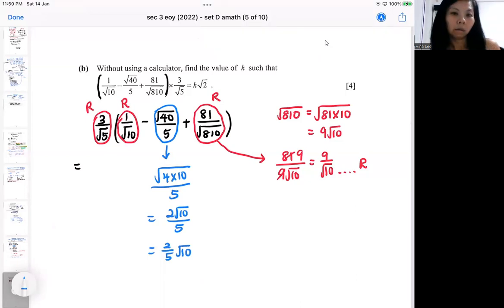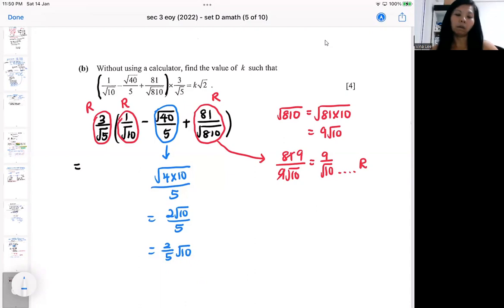You can think about rationalizing first, then you expand out the bracket, or you might want to expand out first, then you do the rationalization. You give it a try. You can check out my working, but this is a hint for you to get along.